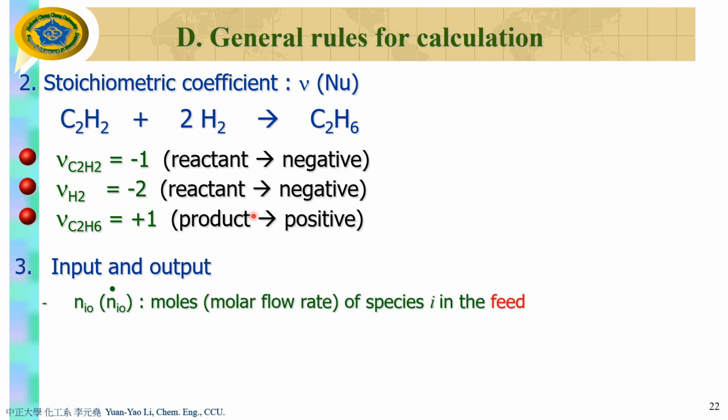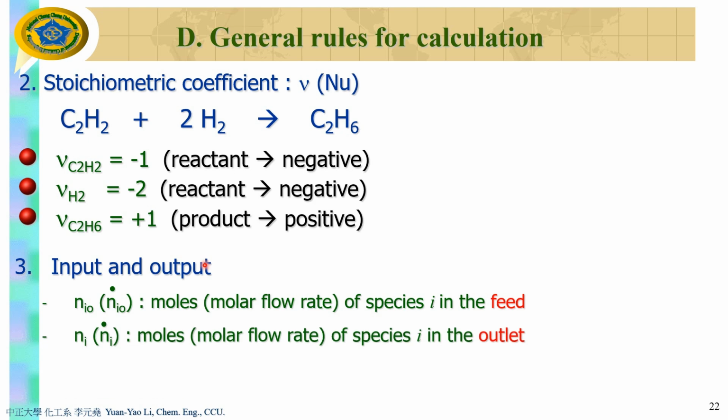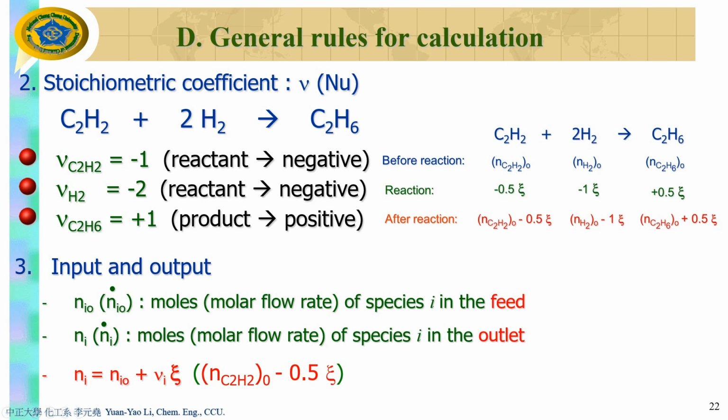And then input and output. This is what we call input. N sub i0 is the moles of species i in the feed. Ni, with no zero here, is the moles of species i in the outlet. So you have input and output. As a result, you can use Ni for the amount after reaction.